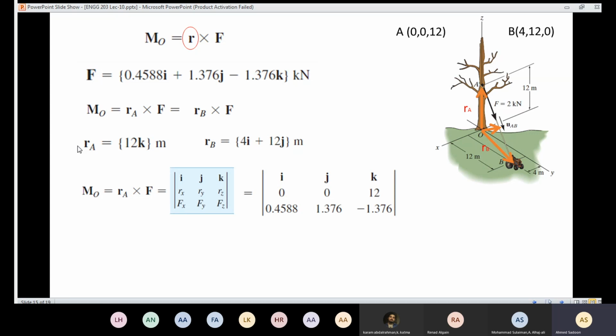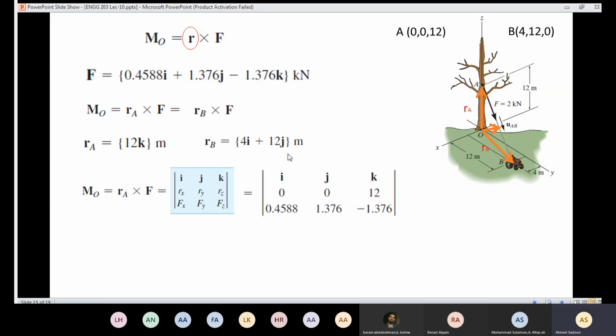Here, if I'm going to use RA, RX is 0, RY is 0, and RZ is 12. Here, FX is 0.4588, FY is 1.376, and FZ is minus 1.376.